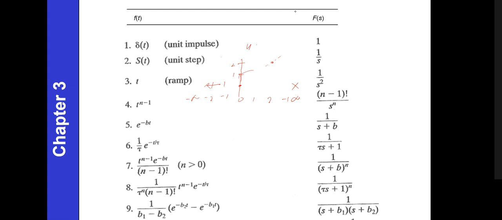For example, if you have e to the negative 3t as your function, if we get the Laplace transform of that one, it becomes 1 over s plus 3. So very simple. If you have this table, use this as reference. So b here is any number.